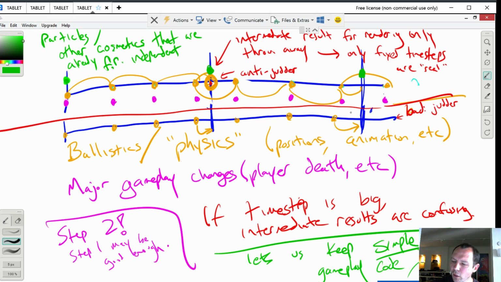Now the thing is, an issue that I haven't talked about is, if I pick like a 1/480th of a second time step, then I am probably changing the feel of the game slightly because I'm going to have complete consistency, but it'll be consistency with a 1/480th of a second time step, which is going to have different results from the 1/60th of a second time step.